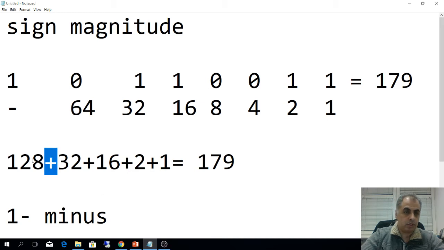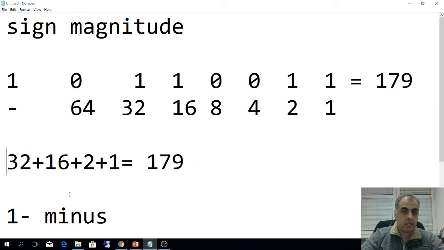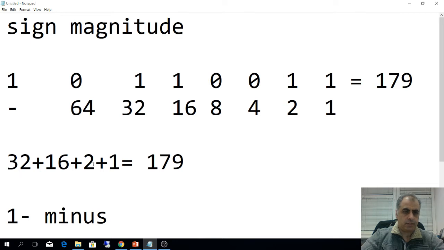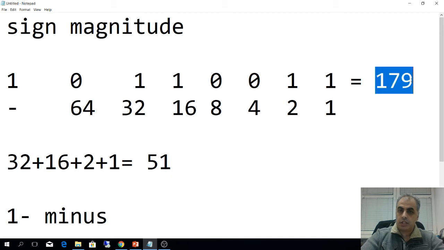In other words, you cannot add 128, but 0 times 64 is 0, 1 times 32 is 32, 1 times 16 is 16, 0 times 8 is 0, 0 times 4 is 0, 1 times 2 is 2, 1 times 1 is 1. When you calculate the addition of all those numbers, 32, 48, 50, 51. So the result is becoming 51. So this number, if we are using signed numbers, is minus 51.